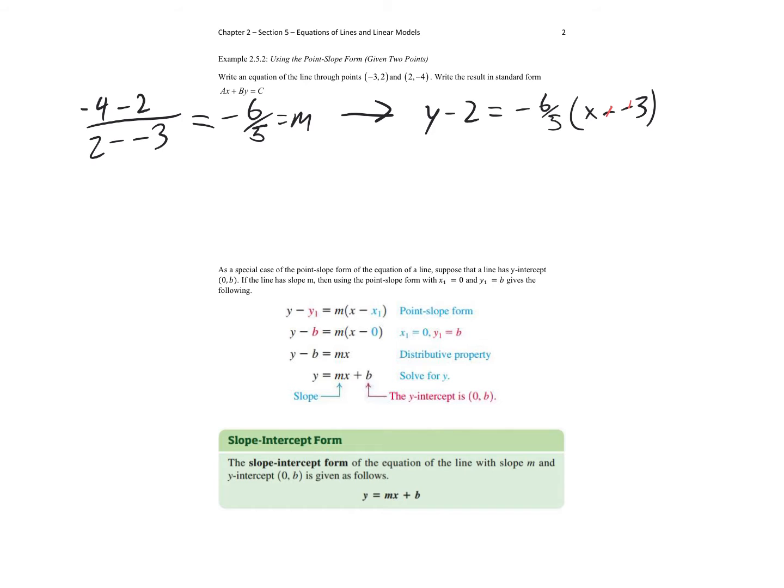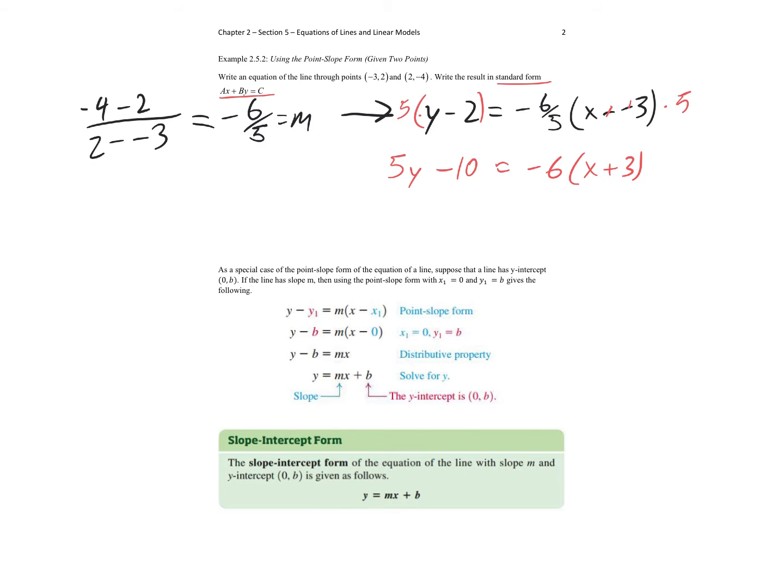Now, they asked us to put the result in standard form, which is ax plus by equals c. So what I'm going to do is I'm going to multiply the 5 to both sides. Okay, and we get something like this. 5y minus 10 equals -6(x plus 3), in parentheses still. Now, we can simplify this further.